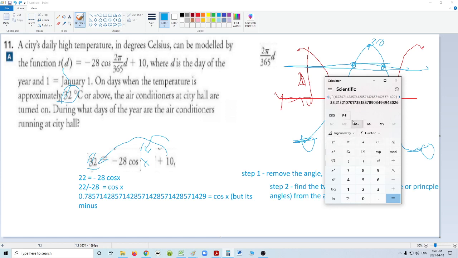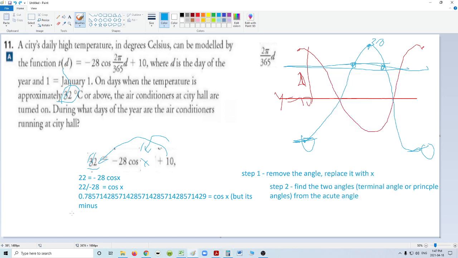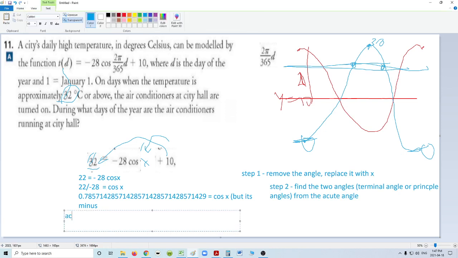Oh, there we go. I don't know why it didn't do it the first time. 38.213. So I'm going to take a copy of it, and I'm going to say my acute angle is that. So I've discovered my acute angle.